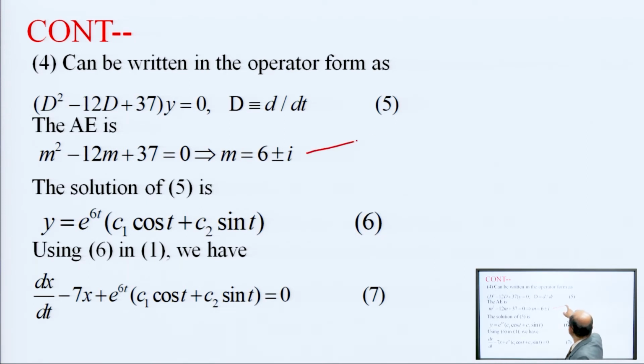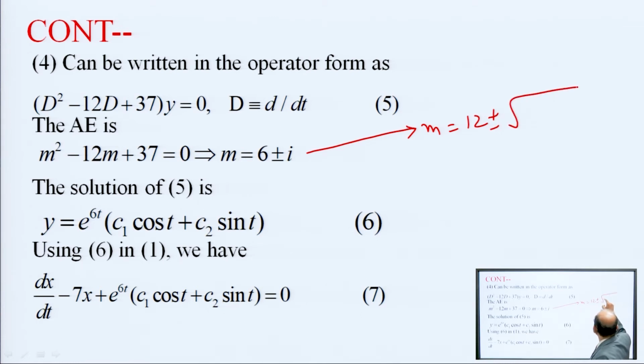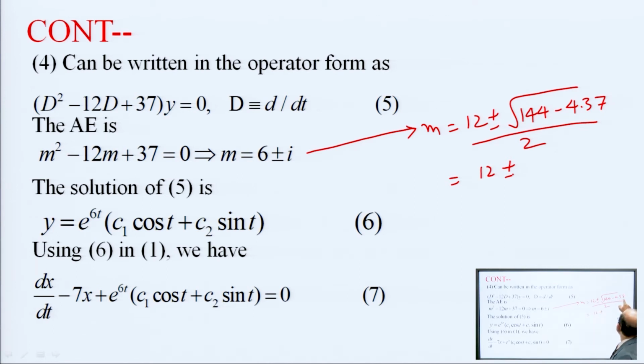Here by Sridharacharya rule, m is equal to 12 plus minus root of 144 minus 4 into 1 into 37, by 2, that is 12 plus minus root of minus 4, which is 2i by 2, so m is 6 plus minus i.